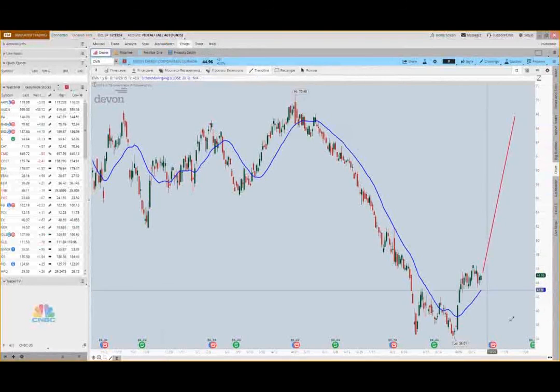If we go to this chart and you thought DVN was going higher, the credit spread you would sell would be a put credit spread, not a call, a put. And the reason being is you want that short put to expire worthless. You're only buying a lower strike for protection in case the security goes against you. It's similar in the sense that your profit is capped by the difference between the strike prices minus the amount you collect. But we've got classes on that as well.